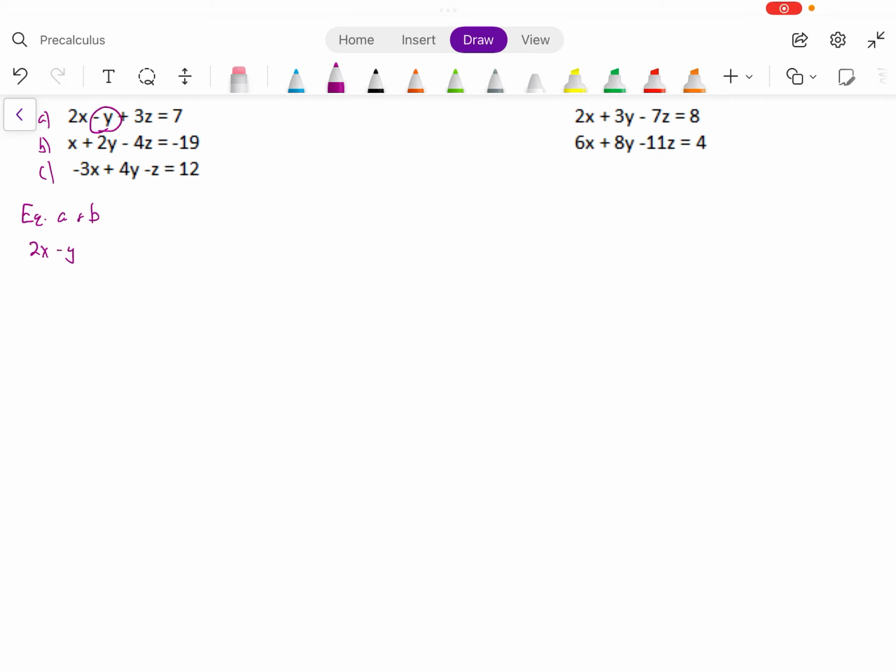As you get better, you probably can kind of think ahead a little bit. Just make sure you copy all of your symbols correctly. It's a real shame to mess up on this because you make one little mistake and it messes everything up. So we're going to multiply the top by 2.